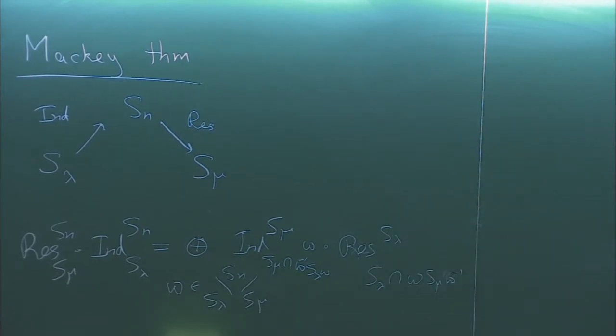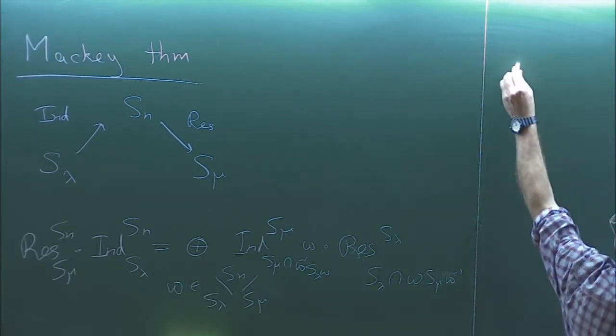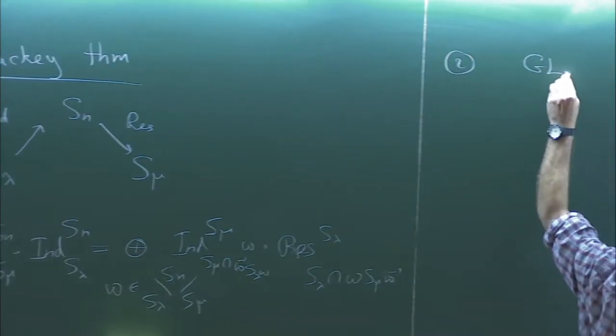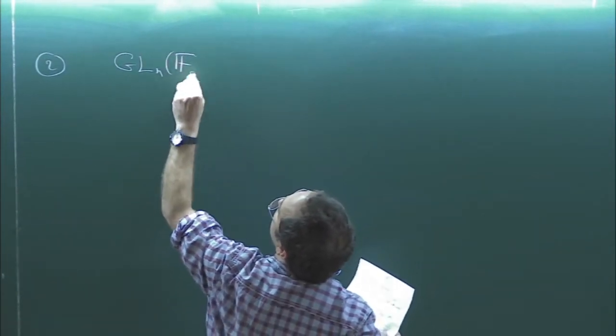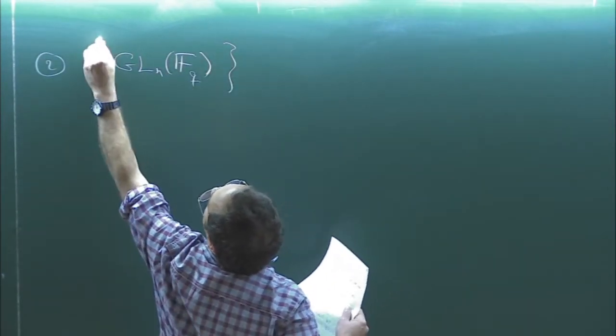All right. Now, the second thing that I want to talk about is GLn(Fp). When we look at the family of groups GLn(Fp), in fact, there's nothing special about p. You can do it for every finite field.